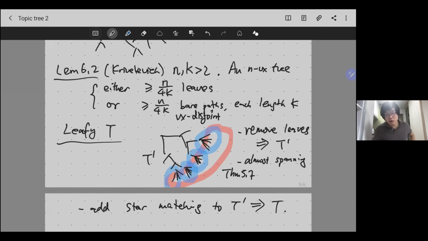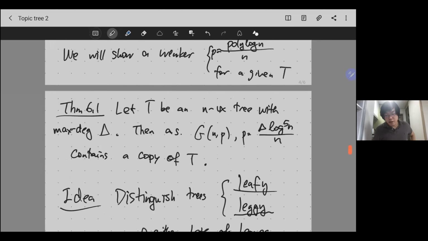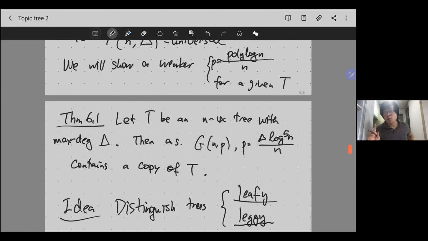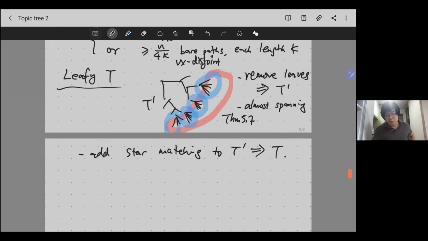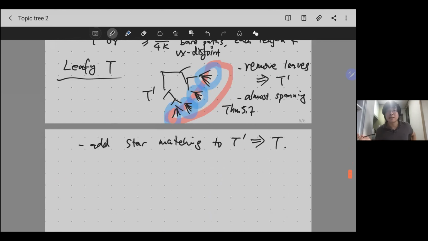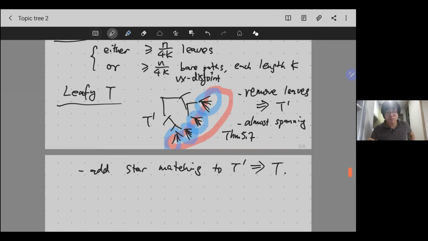But since we take log n to the 5 over n, there's lots of wiggle room. So we can make sure that this blue star matching is also very easily found to attach back. So this case is the simple case. All right, I hope I convince you on this because the rest is just basic things to check, the random graph property. Now, the interesting case is the laggy case.